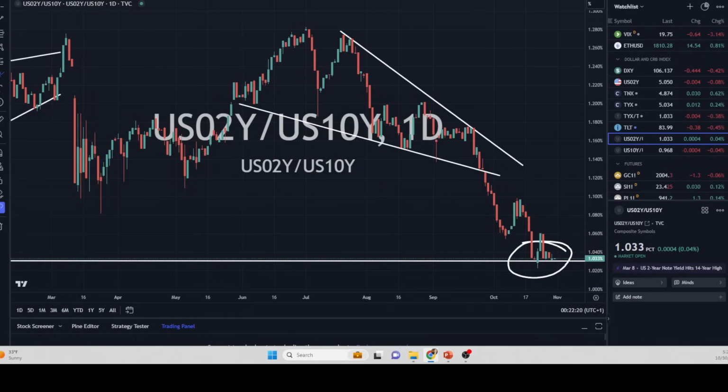If we break to the downside, that is your yield curve uninverting. Gold's going to go up. And historically, long duration treasuries go up during that condition. So if that condition were to exist today, we should be seeing long duration 10 and 30 year yields start to go down.